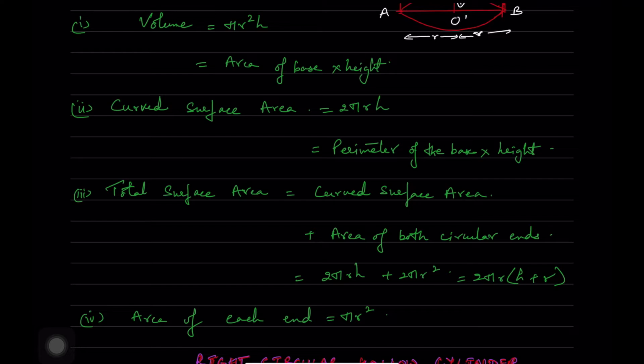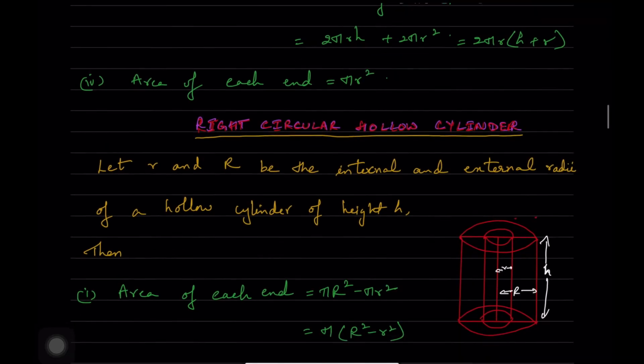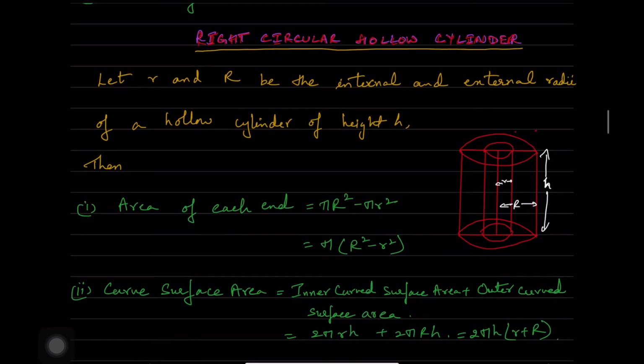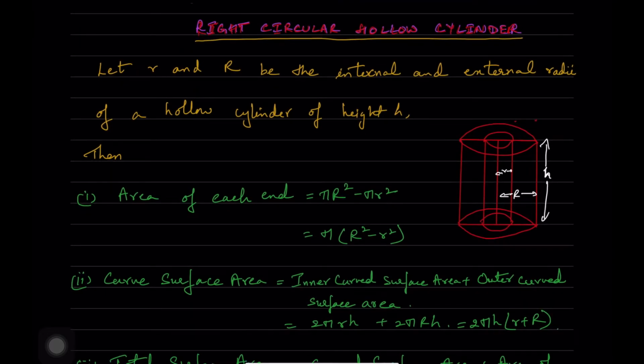The area of each end, that is the circles at the top and bottom, is nothing but pi r square. Next, going into the right circular hollow cylinder. It's something like a pipe. You have a thickness for a pipe, so we take the inner radius and the outer radius. So let small r and capital R be the internal and external radii of a hollow cylinder of height H. So the area of each end is equal to pi capital R square minus pi small r square.